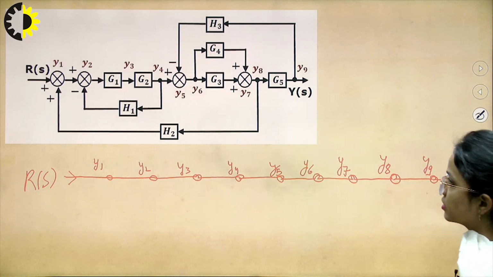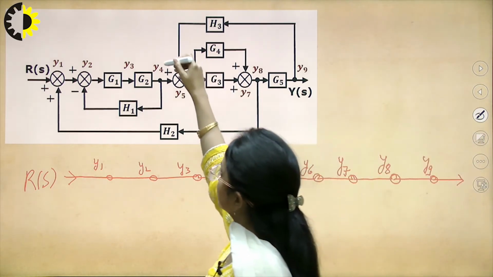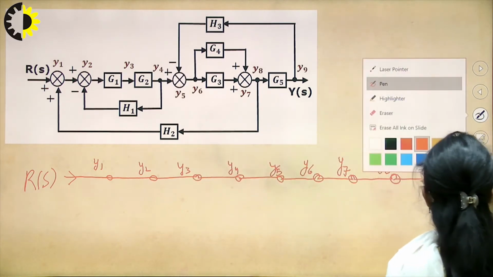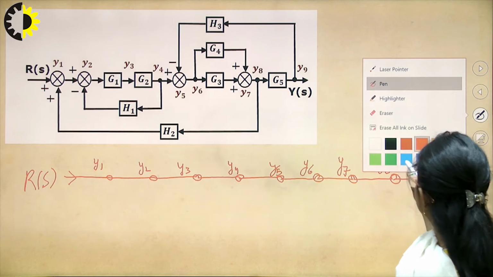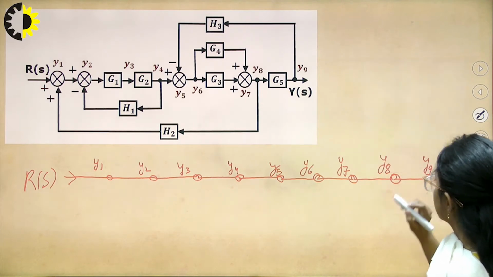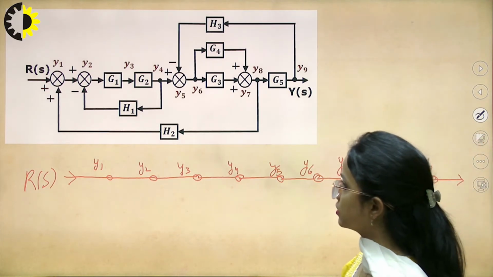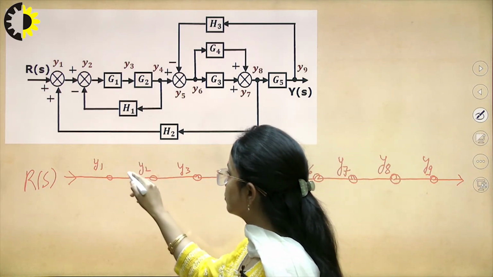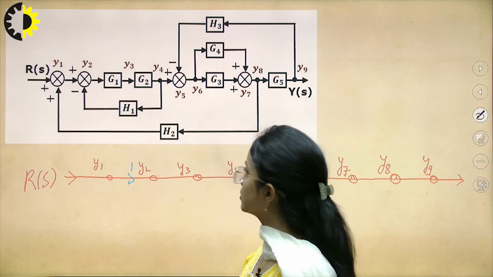So let's mention all the gain terms. I will use a different color ink to mention the gain terms. Here we see that from y1 to y2 we have just gain 1.